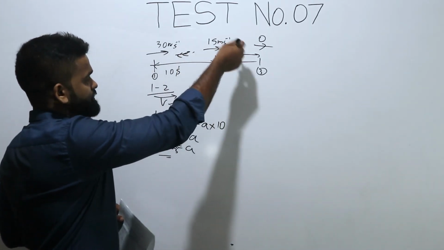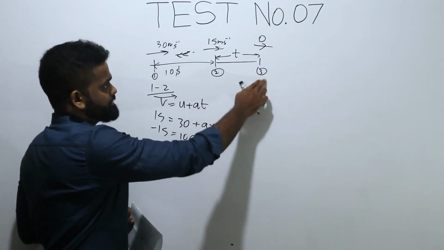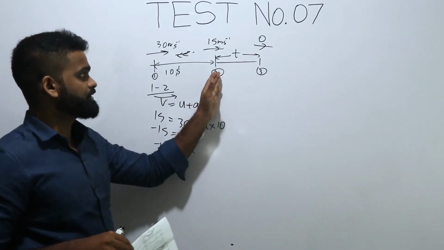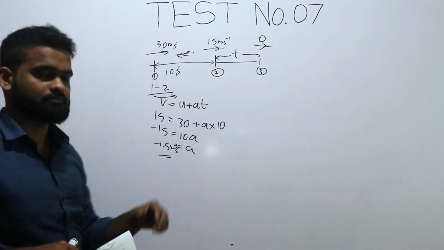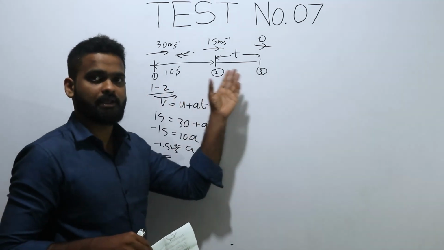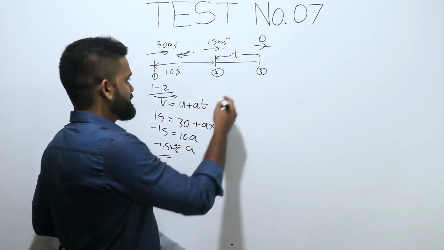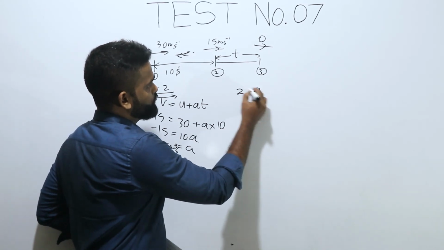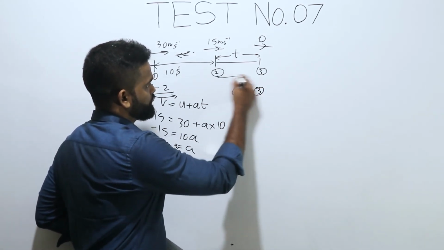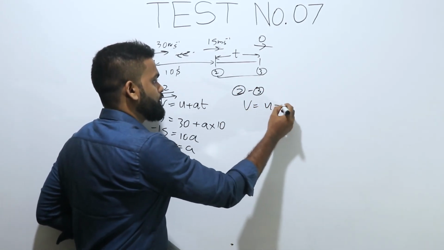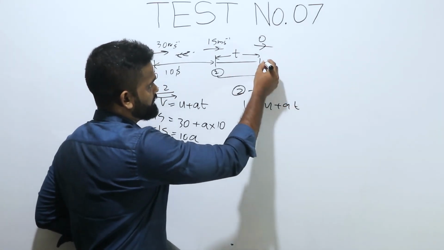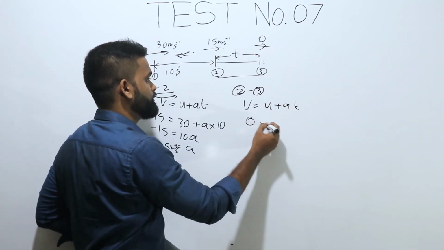So the car keeps having that deceleration after this as well. So we can use that in order to find this time. To find this time, again I'll apply the same equation but from 2 to 3. So the final velocity here, the car stops, 0.